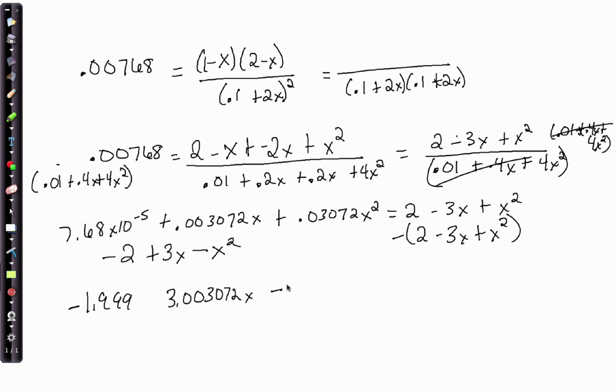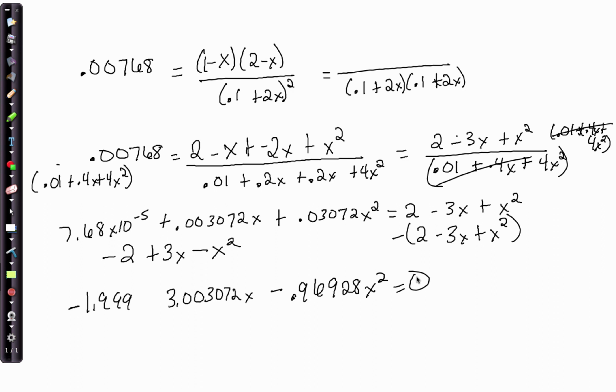So minus 1 plus this. You're going to get negative 0.96928x squared, and that's all equal to 0.